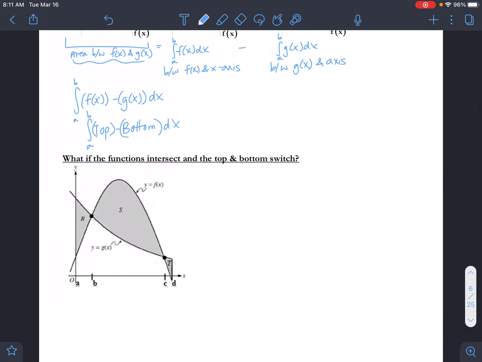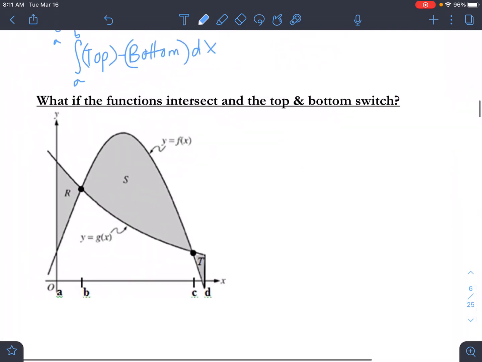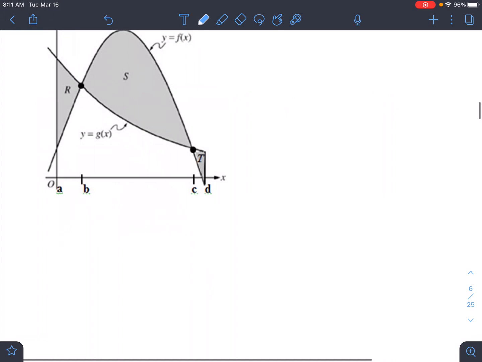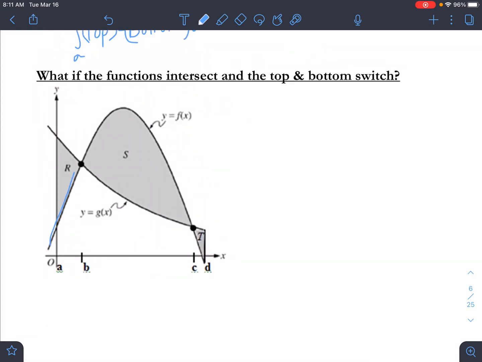What if the top and bottom switch? What if they intersect and the top and bottom switch? First of all, you have f of x, which I'll do in blue, and g of x, which I'll do in pink. You have a couple of situations going on.